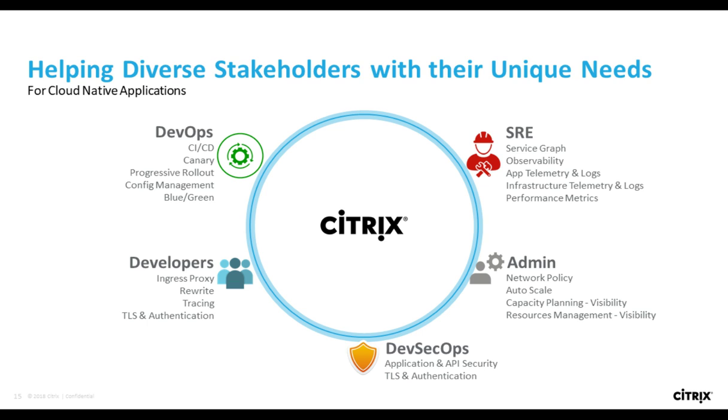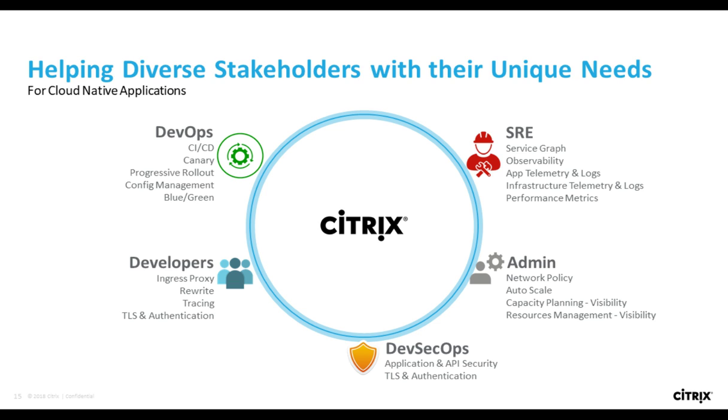Another thing we've done is we understand that the users now of cloud-native solutions and proxies like Ingress are multiple users. It's not just a load balancing team or the ADC team. So what we've done is we've built tooling to make our products consumable by DevOps teams, developers, site reliability engineers, SREs, platform admins, and DevSecOps teams.